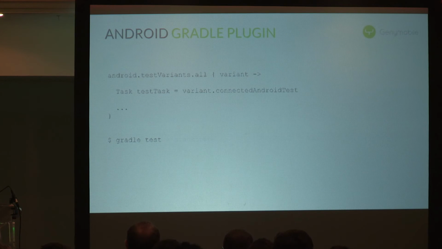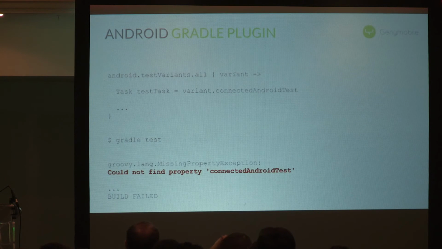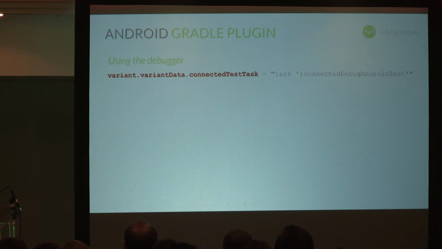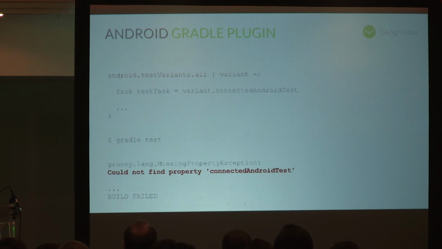So I did that, and then I launched my test to check that everything was working well, and it was not working, obviously. Why? Because it was not able to find the connectedAndroidTest property inside the variant. So this was wrong, even though it was from the documentation. So what I did concretely, I opened my debugger right here.